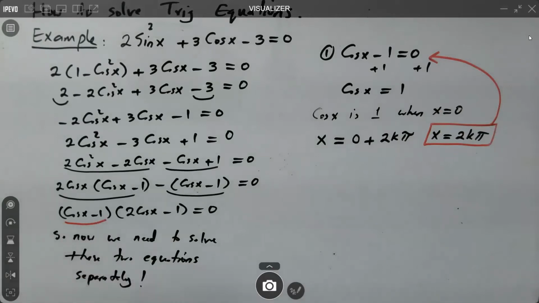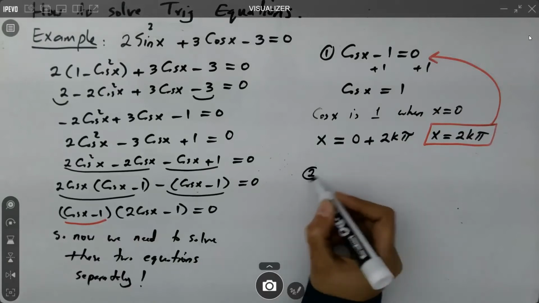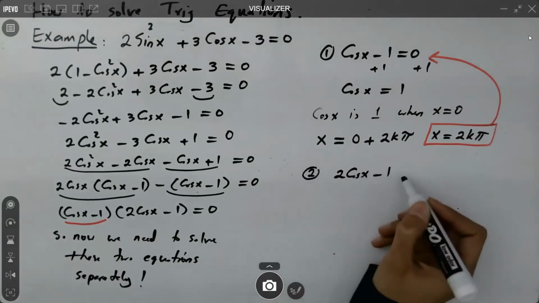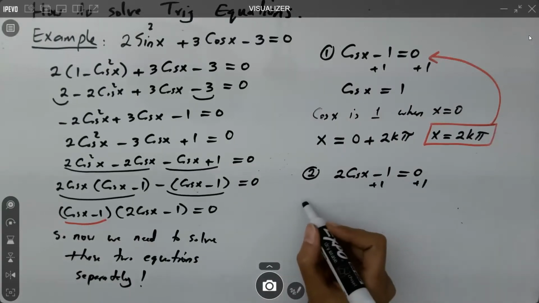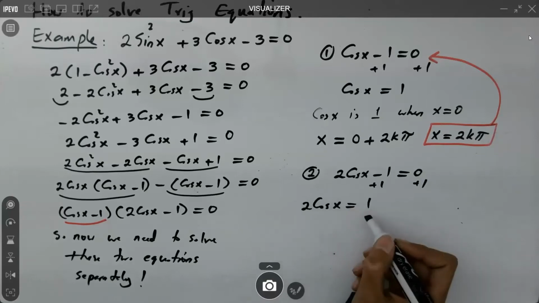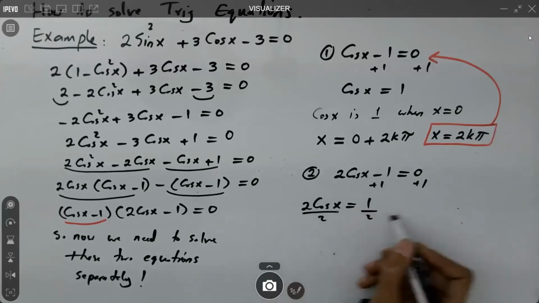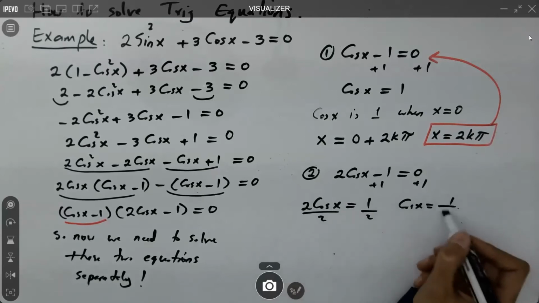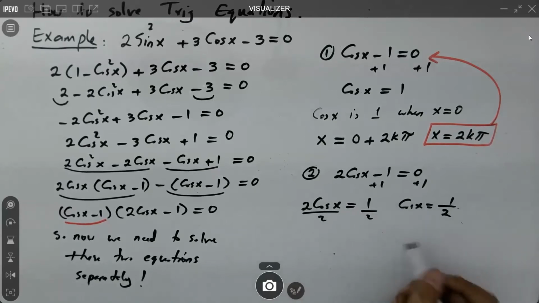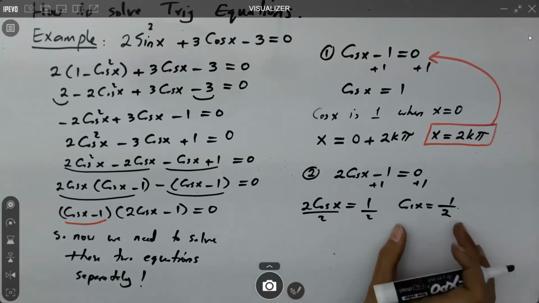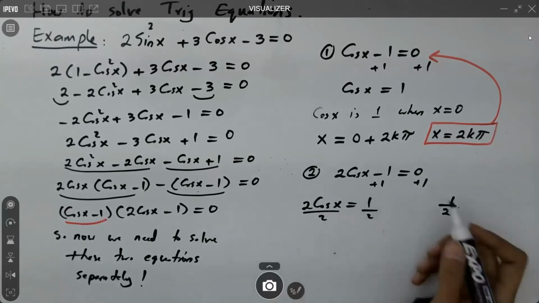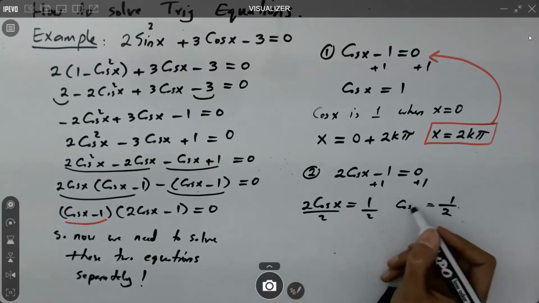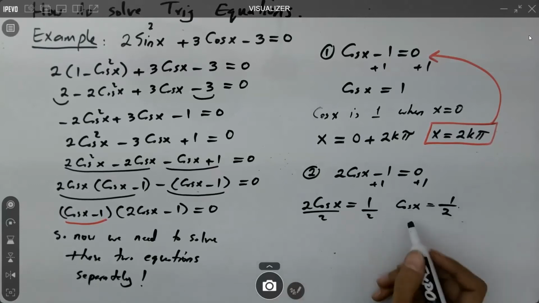Now, for the second equation, 2 cosine x minus 1 is equal to 0. Add 1 to both sides, then divide by 2. You get 2 cosine x equals to 1. Now divide by 2. Cosine x is a half. Okay, cosine x is equal to a half at 2 points. If you take a look at your unit circle, hopefully you memorize that by now.